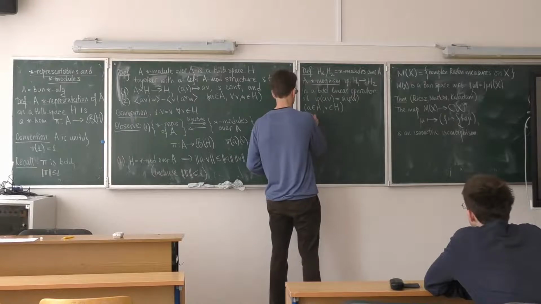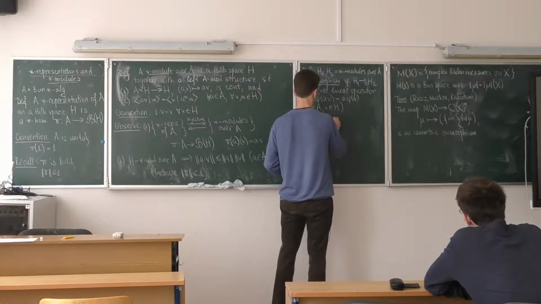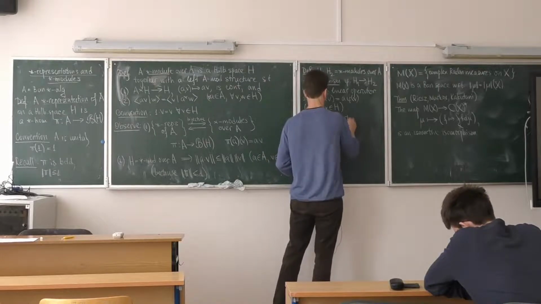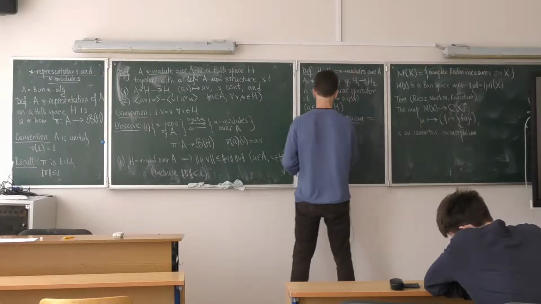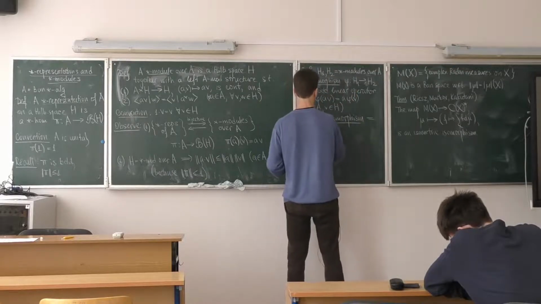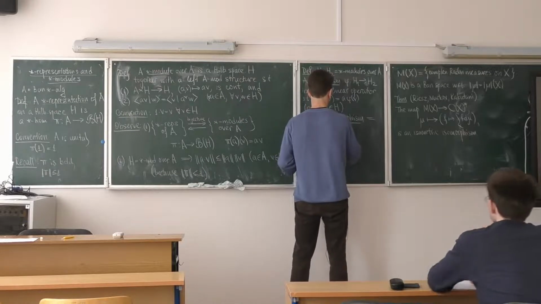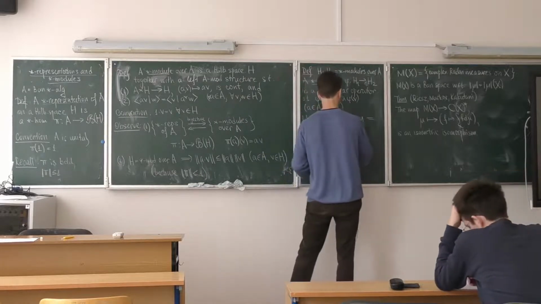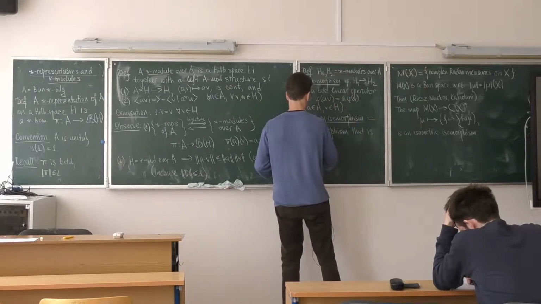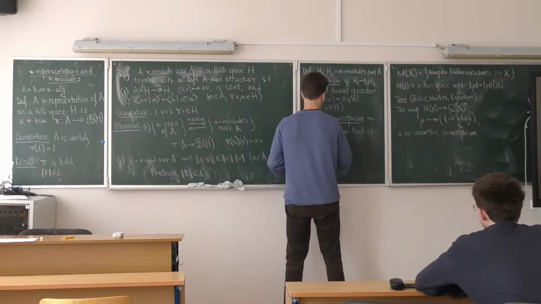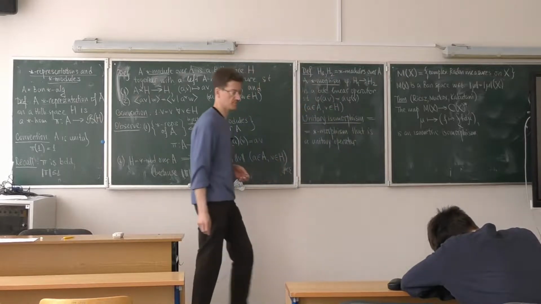And by unitary isomorphism between star modules, we mean a star morphism which is a unitary operator. That is, it is bijective and preserves the inner product.